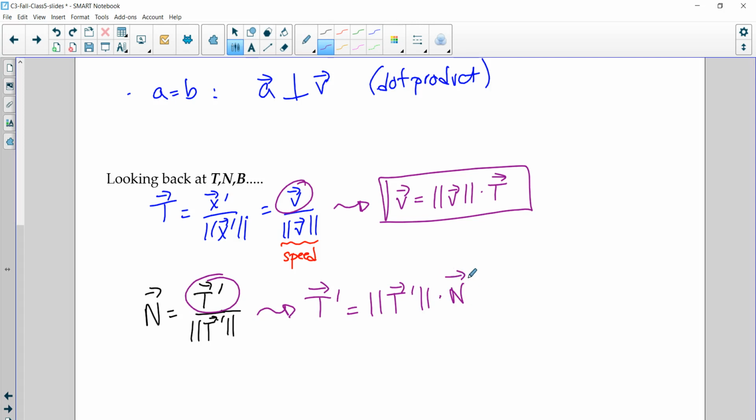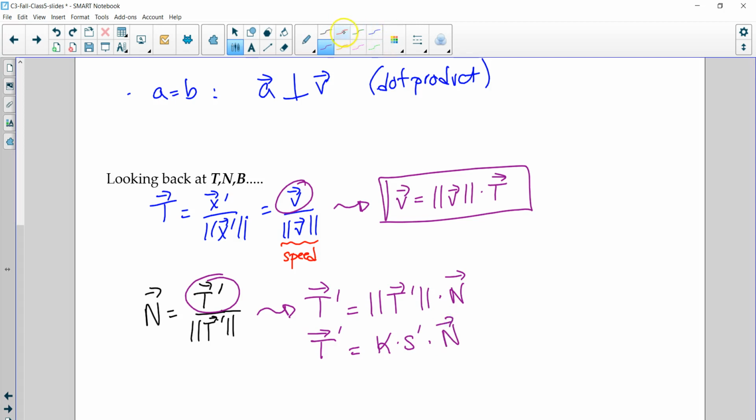Now I'm going to do something that's not completely obvious, but I can actually say the unit tangent vector derivative is equal to kappa times s prime times the unit normal vector.